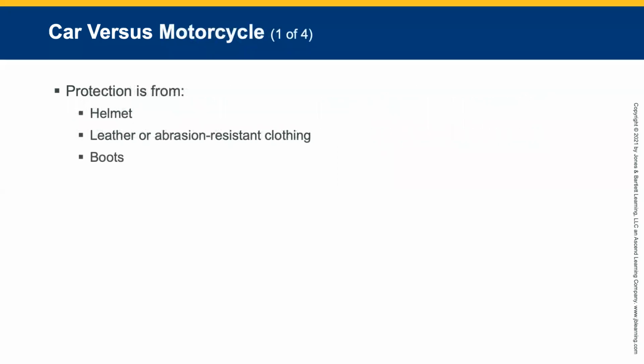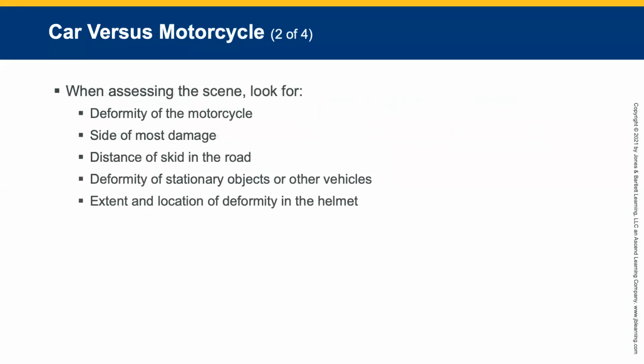Car versus motorcycle. A helmet does not protect against severe cervical injury. Leather or abrasion resistant clothing will protect against road abrasions, but not against blunt trauma or secondary impacts. Boots are important for these too. When assessing the scene of a motor vehicle or motorcycle crash, look for deformities to the motorcycle, and the side of most damage.